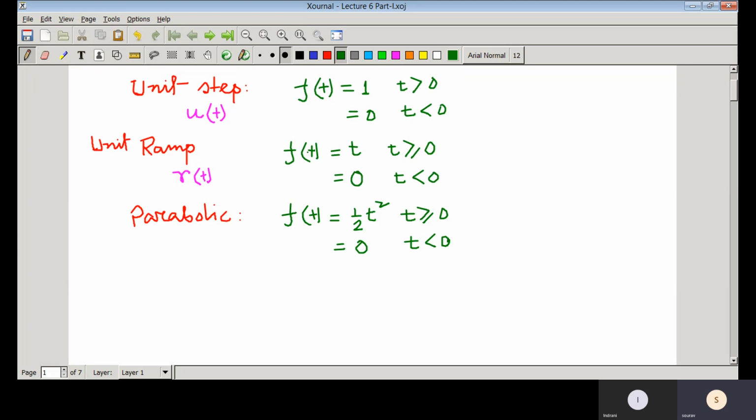And another important function that we use is the impulse. The impulse function f(t) is described as delta(t), and we are talking about the unit impulse. So the magnitude is 1 when t equal to 0, and this is equal to 0 when t not equal to 0.